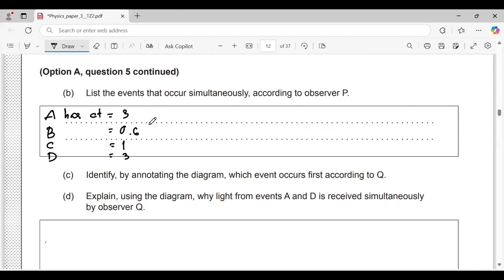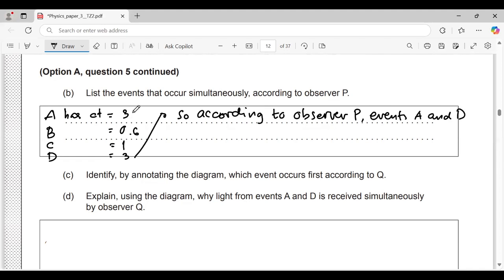So, what will be here? According to observer P, events A and D have the same ct coordinates. So events A and D occur simultaneously.